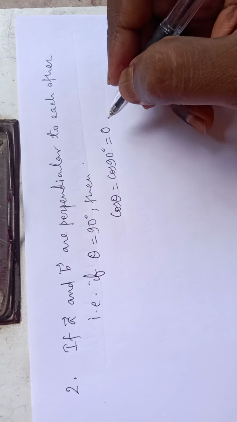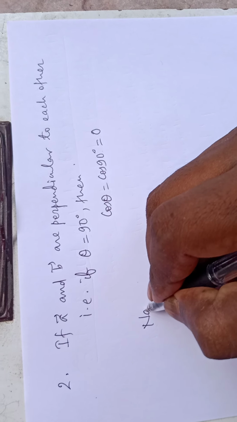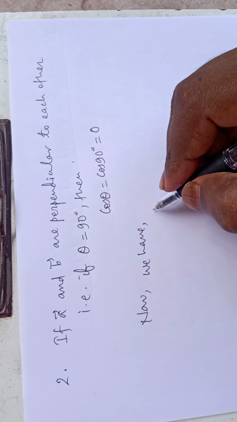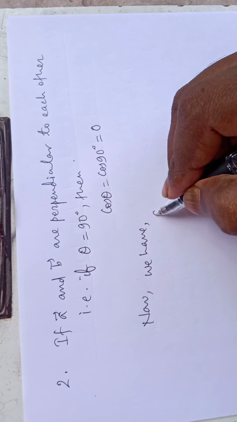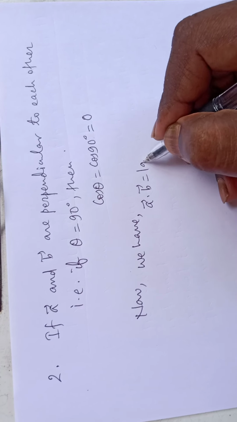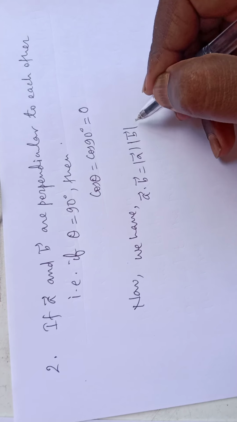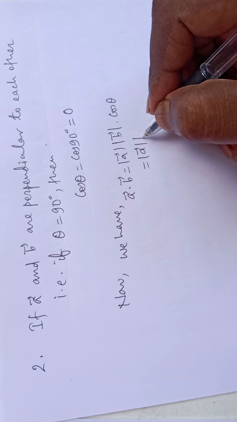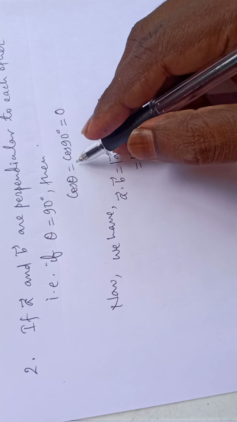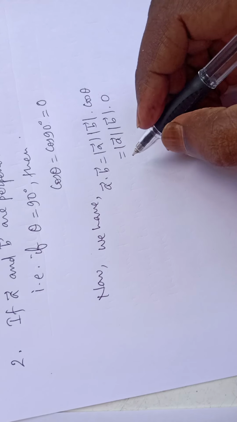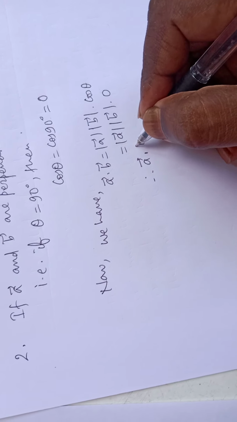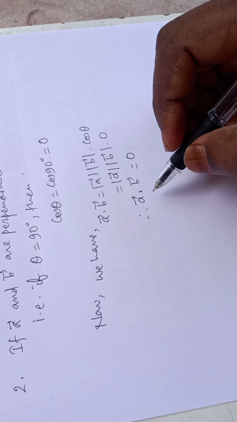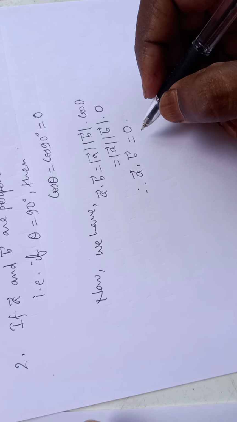As we know, it is 0. So by the relation defined above, a dot b is equal to modulus of a times modulus of b times cos theta, and as cos 90 is equal to 0, we put 0. Therefore a dot b is equal to 0. So when theta is equal to 90 degrees, the product of two vectors is 0.